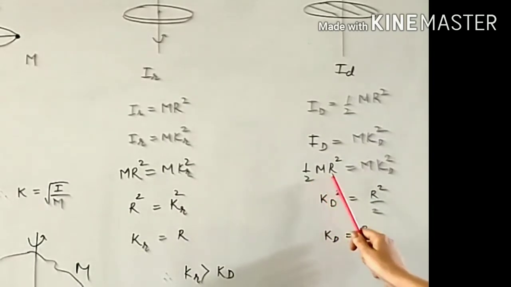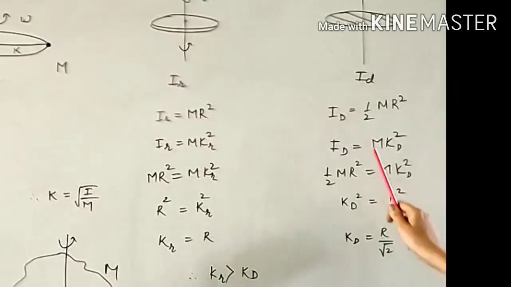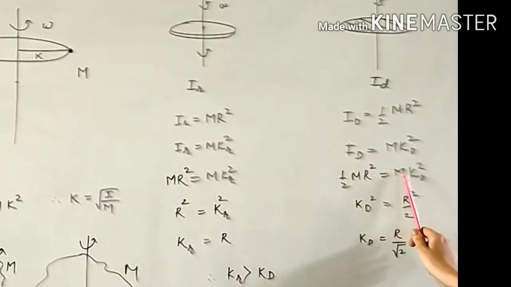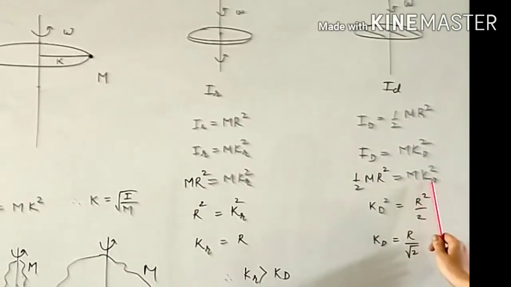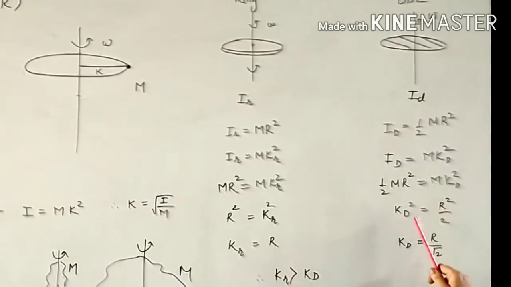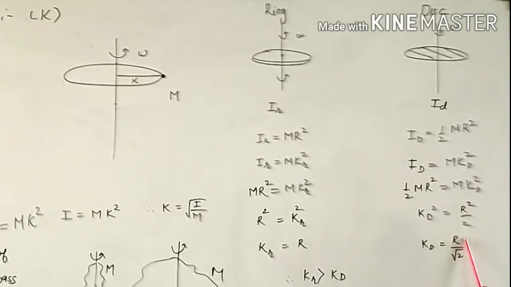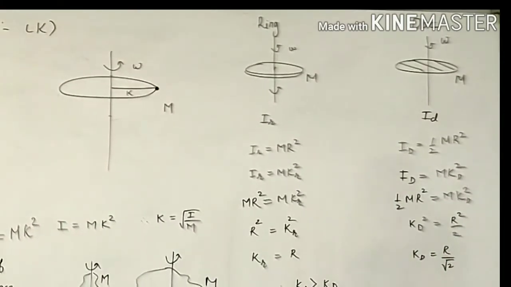Equating these two, because the left hand side is the same, half of m r square is equal to m kd square. So kd square is equal to r square upon 2. Kd is equal to r by root 2.